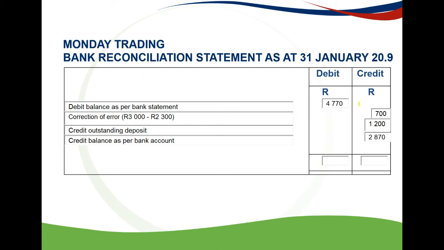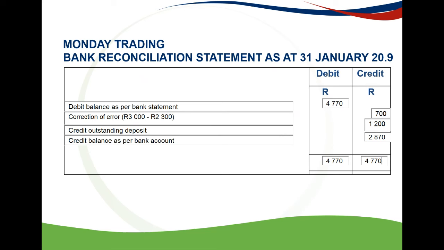So if I total everything, I know on my debit side it's 4,770. If I add up the 700, it's going to be 4,770. And that is your bank reconciliation.